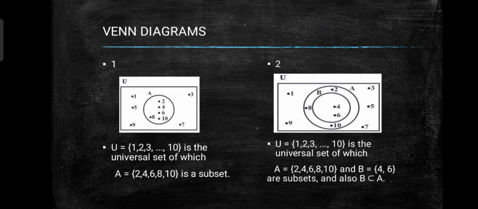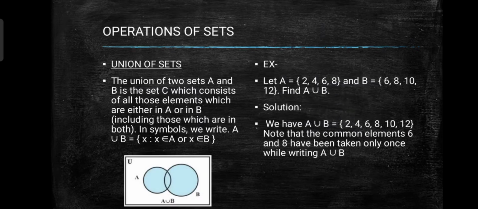So inside A we have B, which is 4 and 6, and A contains 2, 4, 6, 8. Whatever elements are not in B should be in A but outside B. And then you still have elements that are not in A as well. Those would come outside A but inside the box, which is the universal set. So that's how you represent them.